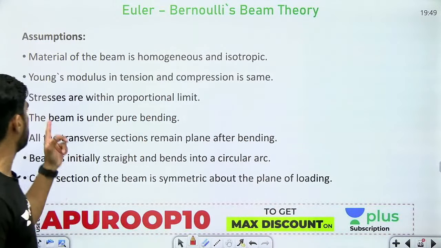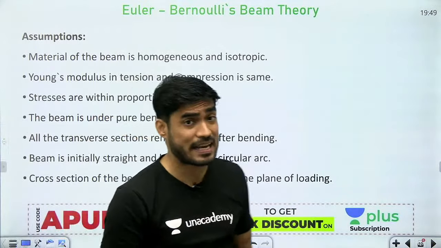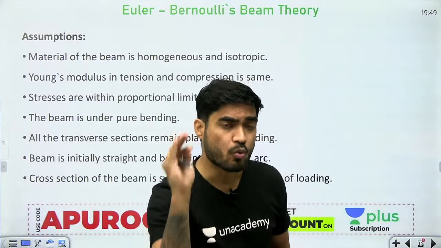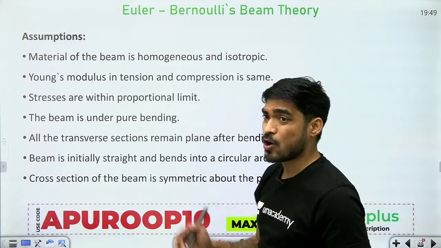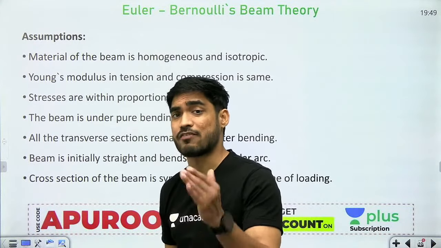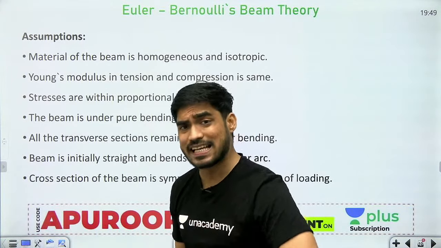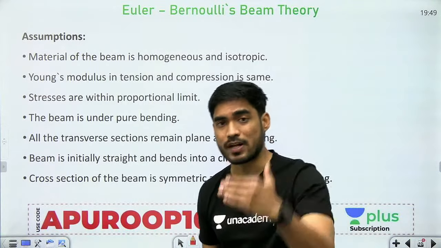Then the next point is stresses are within proportional limit. Now this is another very important assumption, and I have already explained to you why this assumption is so important. Because in order to find the equation of stress, first we find the equation of strain. First we see how the strain is distributed over the cross section.